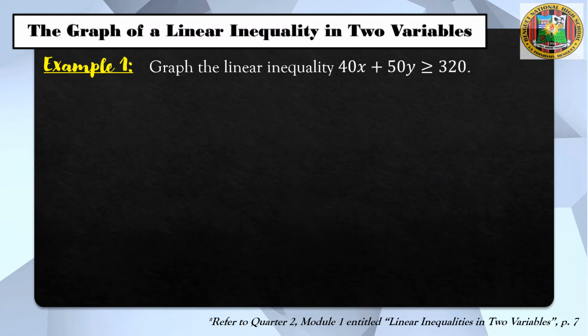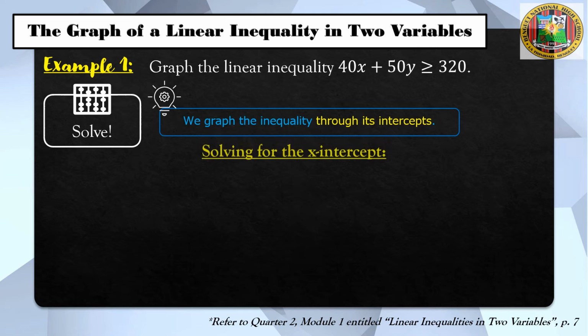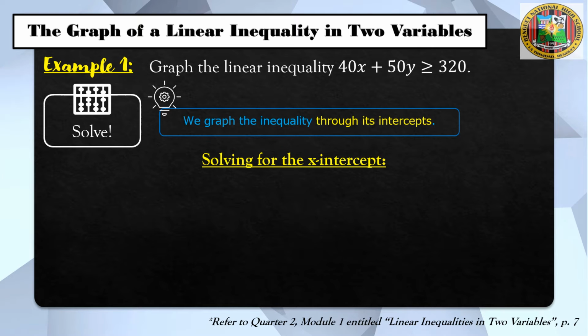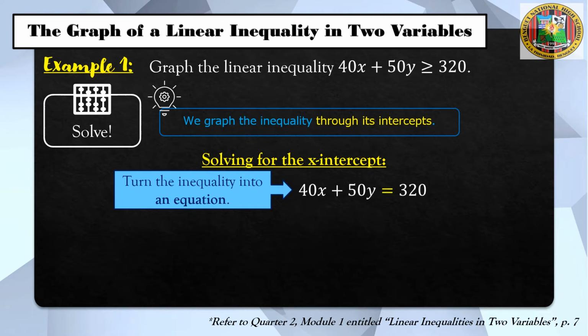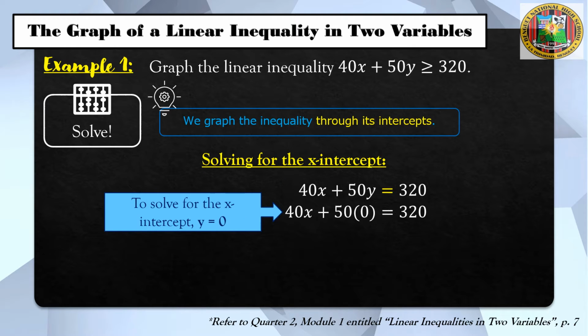To graph the linear inequality through its intercepts, we have to solve for them first. We begin by solving for the x-intercept. We start by turning the linear inequality into an equation by simply changing the inequality sign to an equal sign first. Then, we solve for the x-intercept by setting the value of y to 0.